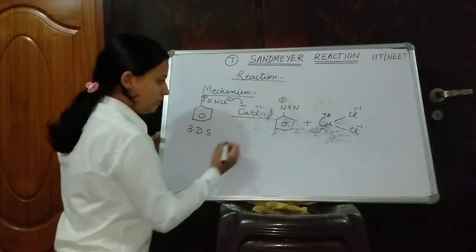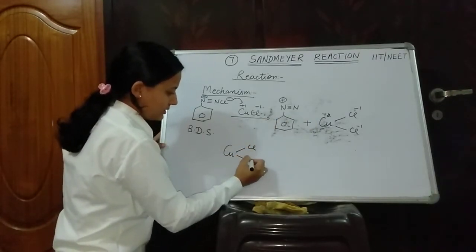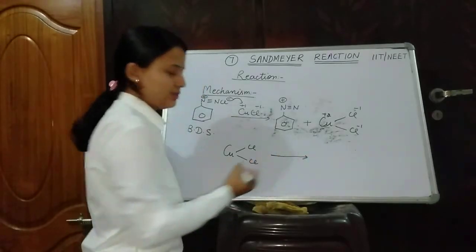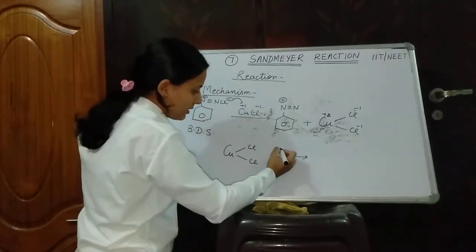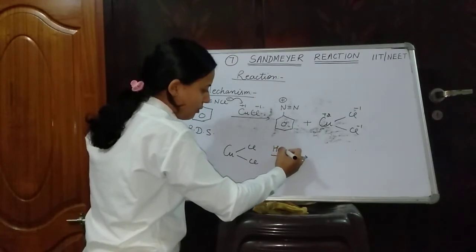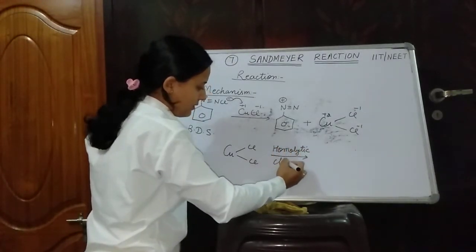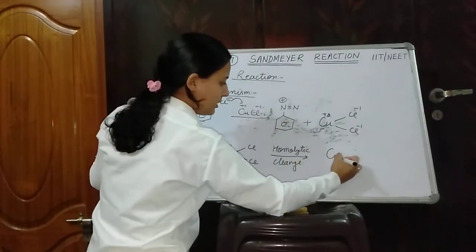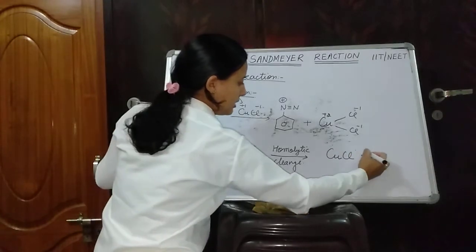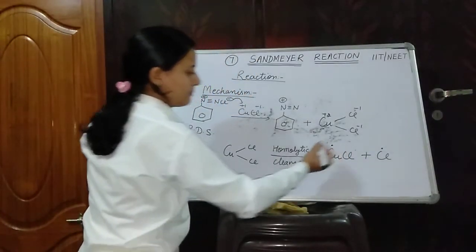Okay. Now in the second step of the reaction we will consider how it is a free radical reaction. This is CuCl2 and the bond undergoes homolytic cleavage. Homolytic cleavage of the bond: how is it formed? This will become CuCl free radical plus chlorine free radical.